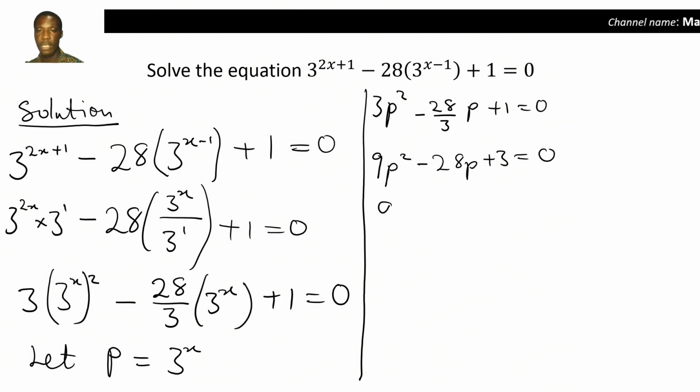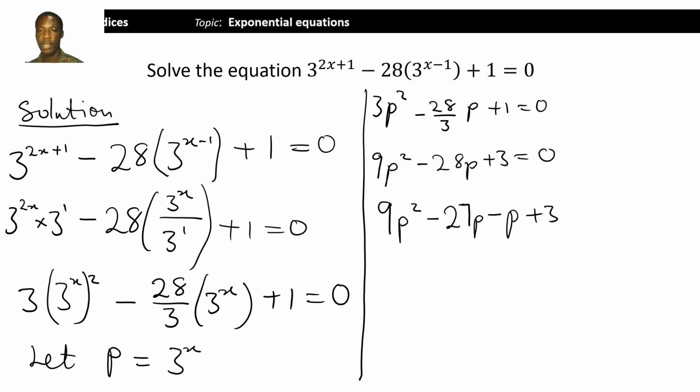That gives us the equation 9p squared minus 27p minus p plus 3 is equal to 0.